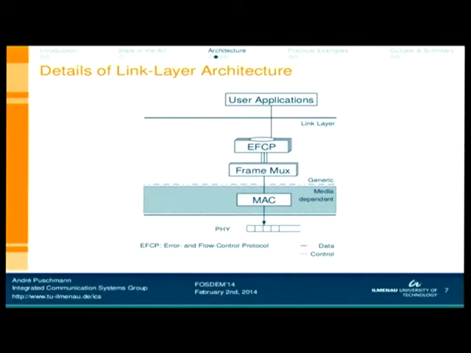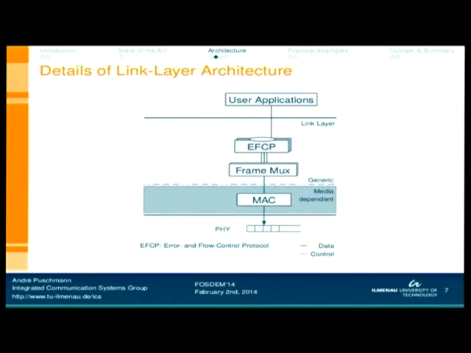There is a part of the link layer protocol which we call the core, a generic component which consists of one or more error and flow control protocols for all the flows you would like to handle, multiple applications of course, which are all accessing a single interface.